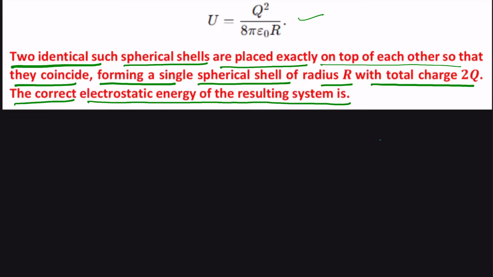Suppose this is our shell, which is the bottom, and the coinciding one is placed on the top of it, such that its radius is still r, but the charge becomes 2q. So we have to find out what will be its energy associated with this particular configuration.